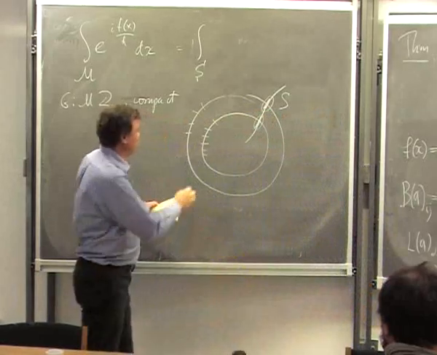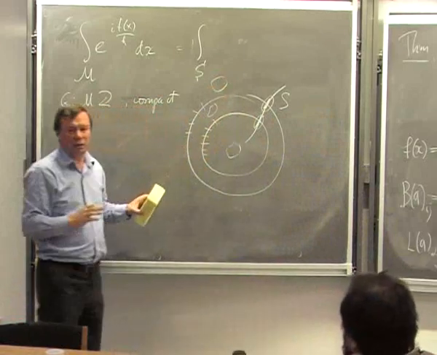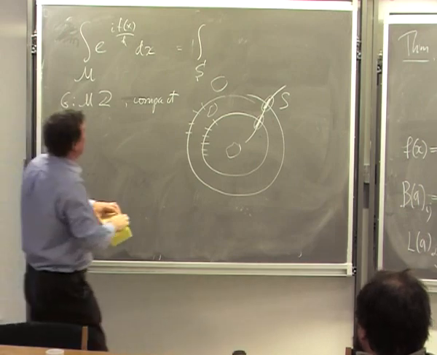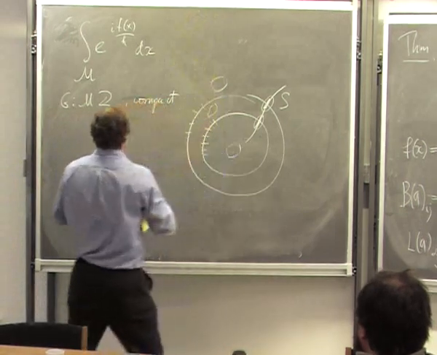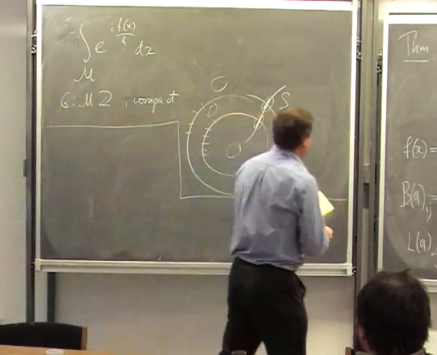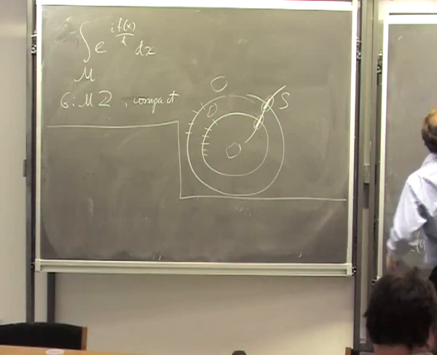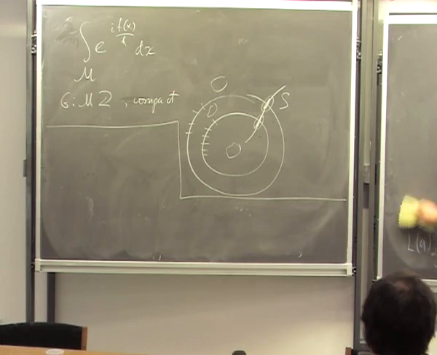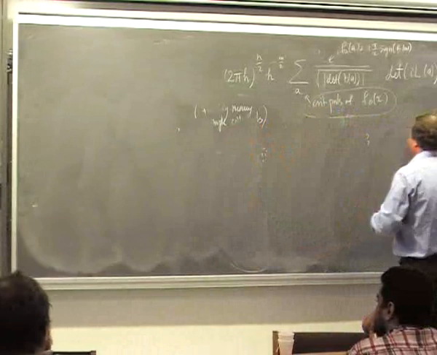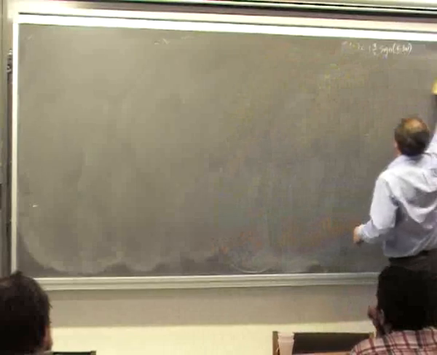All we need is how it behaves near these orbits; outside of them it's not that important for the asymptotical expansion. So the first step is to write this integral in terms of the integral over the cross section, and then we will use the formula that I'm erasing to write it in terms of Feynman diagrams.